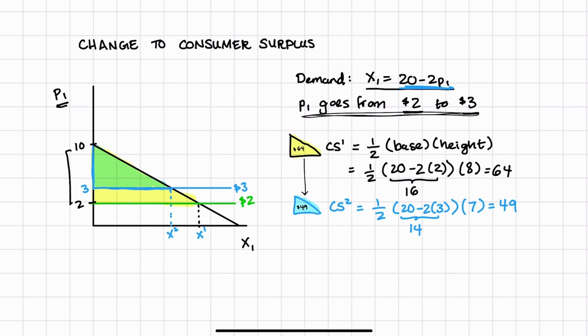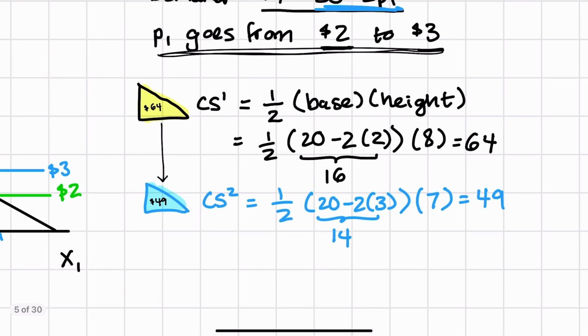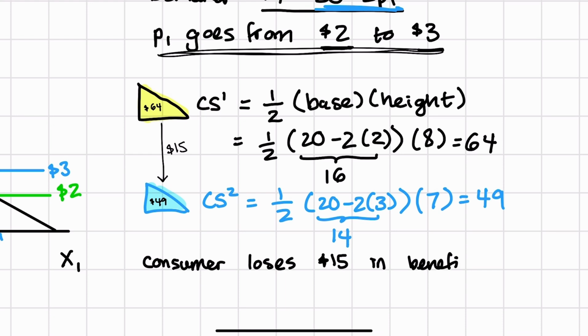And they're less well off by, what is the difference between 64 and 49? They lose $15. So I would say the consumer loses $15 in benefit because of the price change.